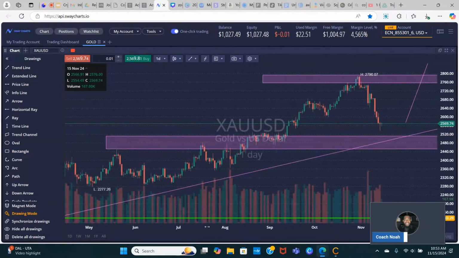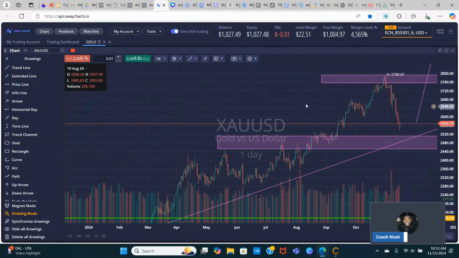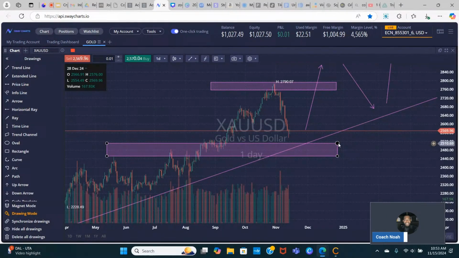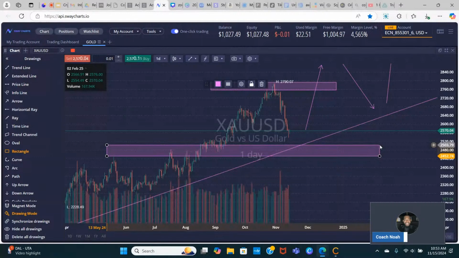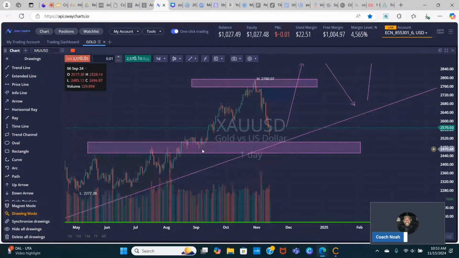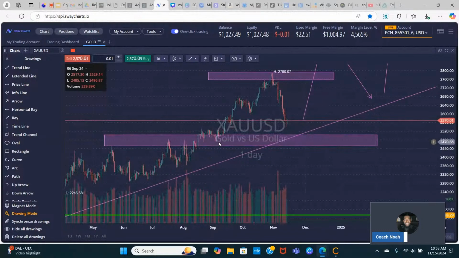Let me make this a little bit. All right. So like I said, major reversal points. That's what we are identifying to identify our area of resistance.